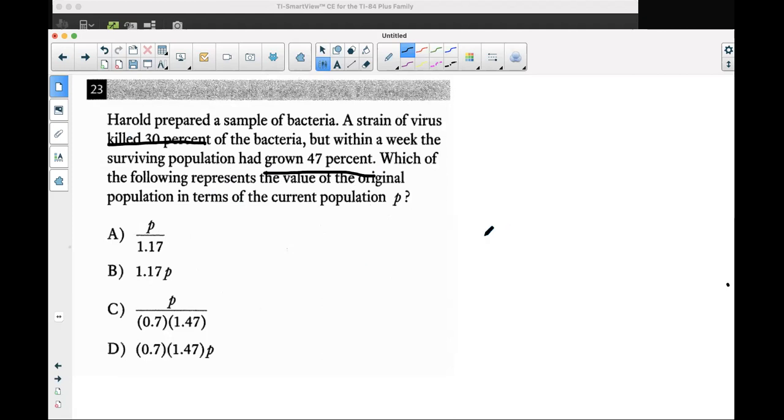So original, let me call that X. But what happened is it killed 30%, so that means I have 0.7 of the original population survived. After that, 47% has been increased. So I'm going to write that as 1.47 because 47% increased from original, which is 100.